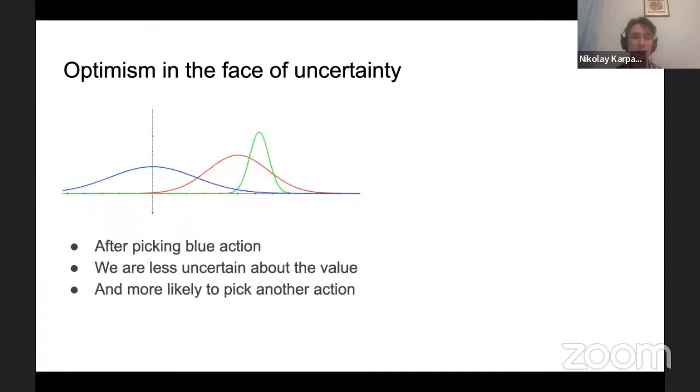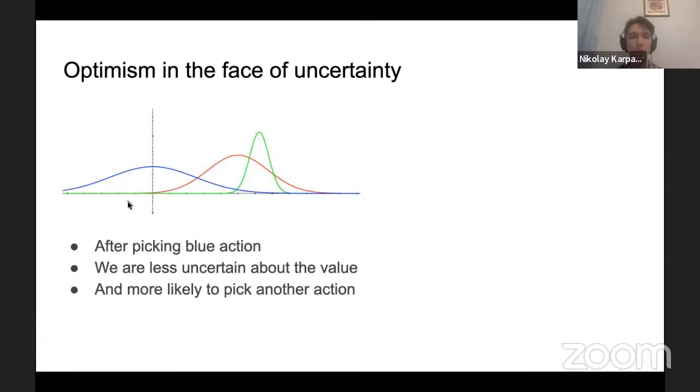So let's say we have selected the blue action because we were not very certain about it, but when we have the new experience, we have new data points, our probability density function becomes much more centered. So the domain shrinks of this function.